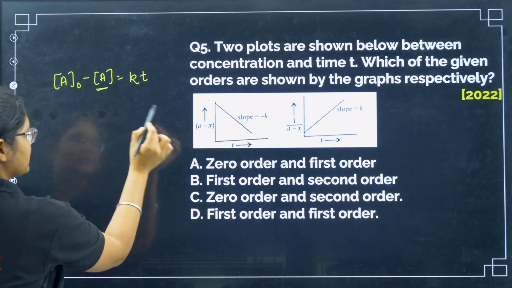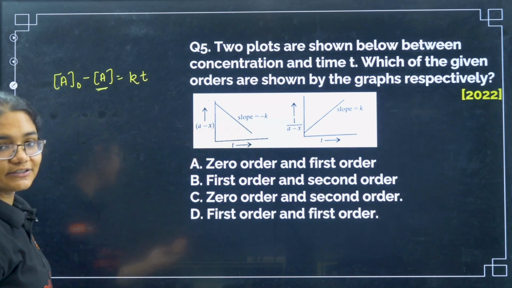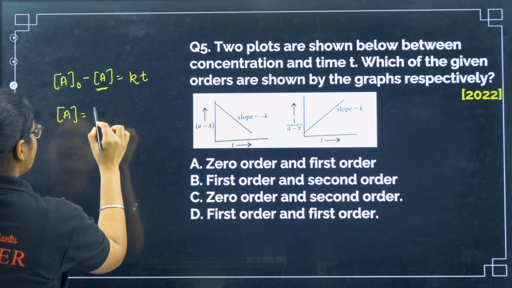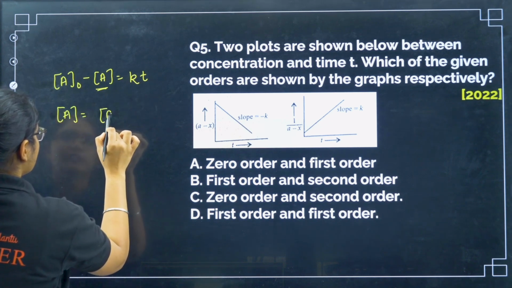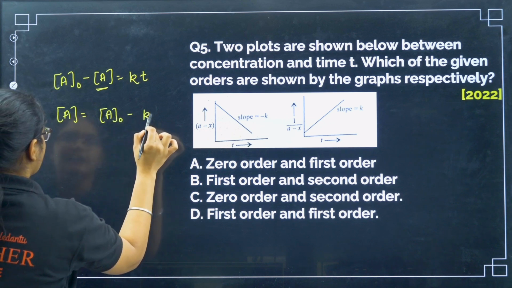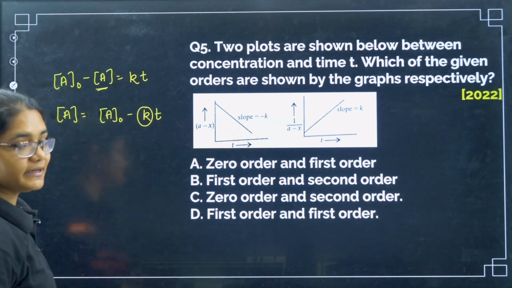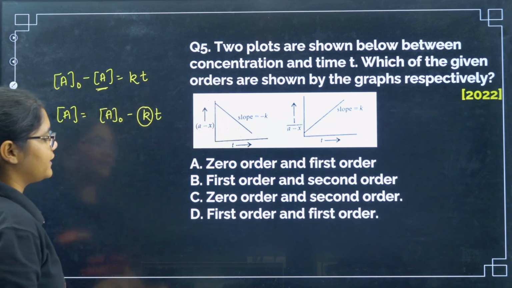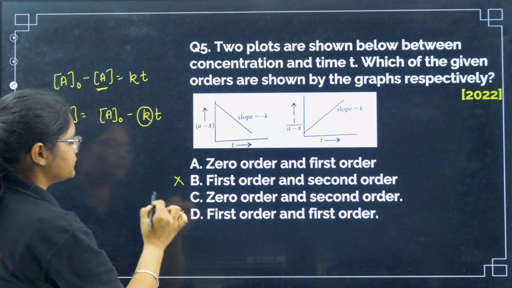So this A is nothing but A minus X, the concentration at any time. If I take that in y axis, then I will get A naught minus K into T. So the negative slope I will get K, and I'll have a y intercept. So this is definitely zeroth order reaction, so I can have these two options eliminated.